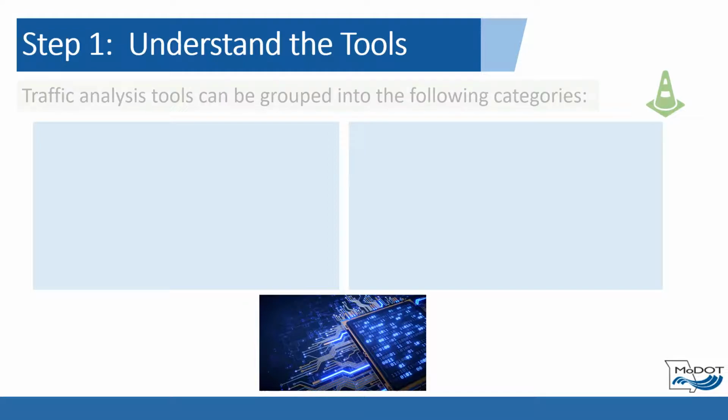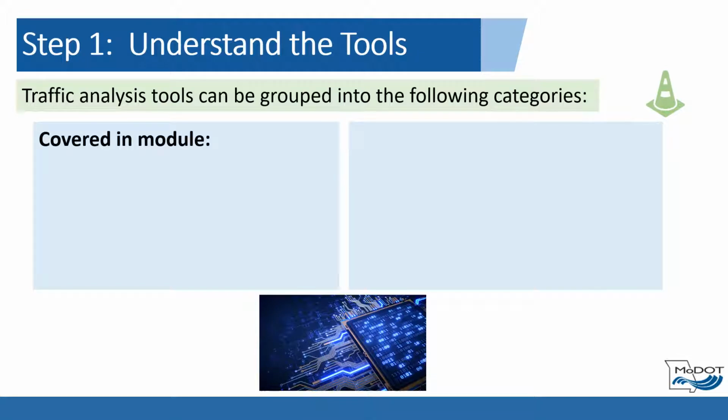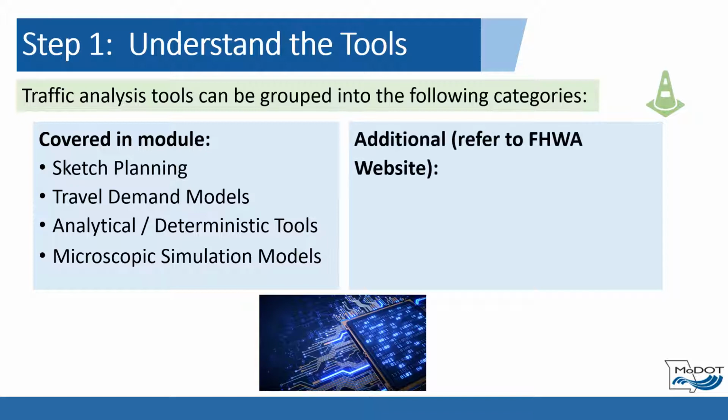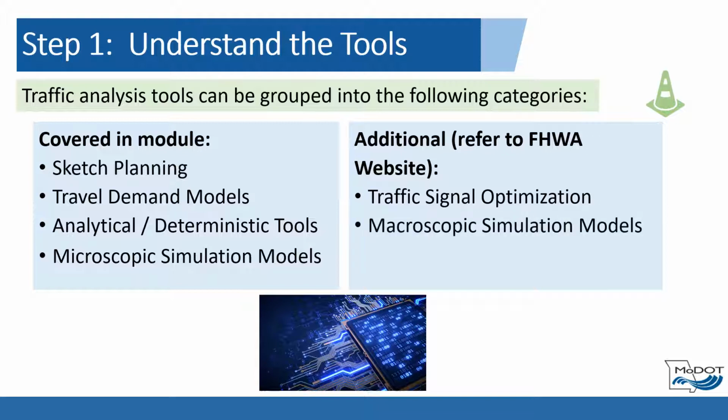FHWA designates traffic analysis tools into the following categories. The tool categories applicable to the material covered in this module include sketch planning, travel demand models, analytical deterministic tools, and microscopic simulation models. Additional tool categories include traffic signal optimization, macroscopic simulation models, and mesoscopic simulation models.